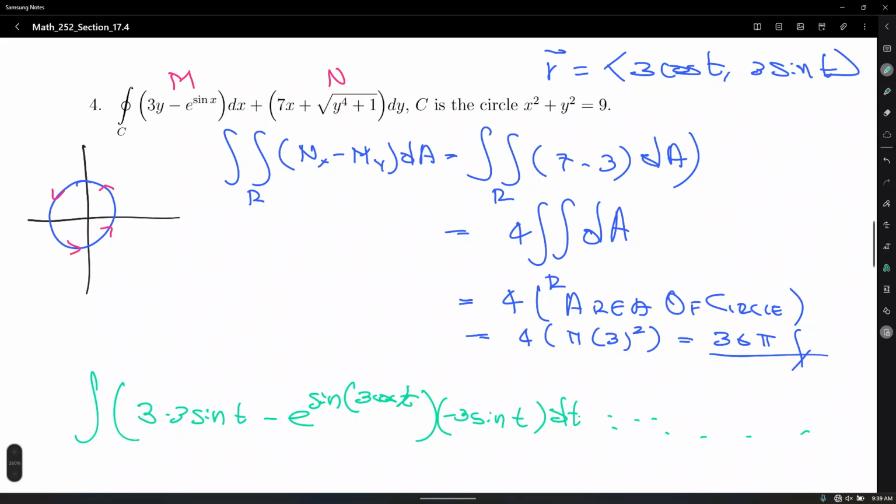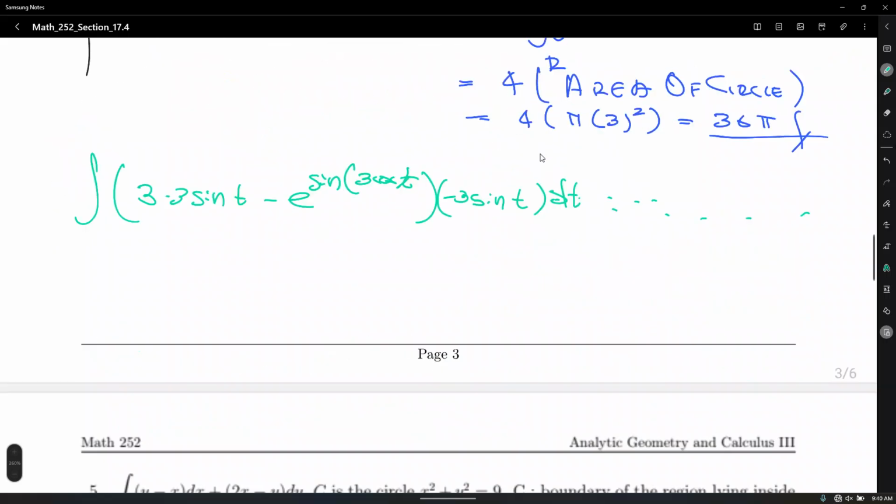You don't have that factor multiplying the dt, so you're stuck using the methods that we learned in 17.3. We wouldn't be able to evaluate this integral without Green's theorem. Look at the power of Green's theorem, just pi r squared, right? That's all we need to do here. Yes. Let's do another one.